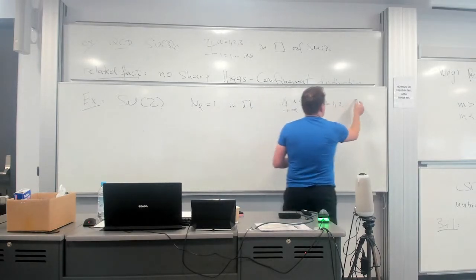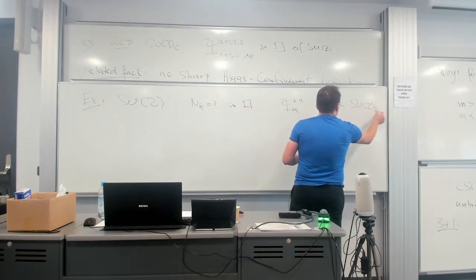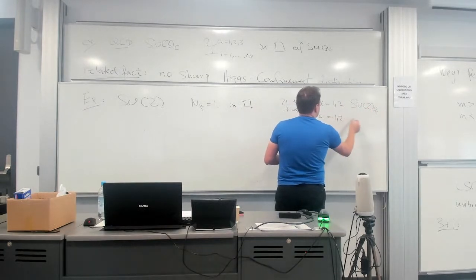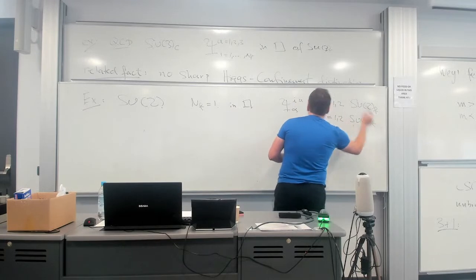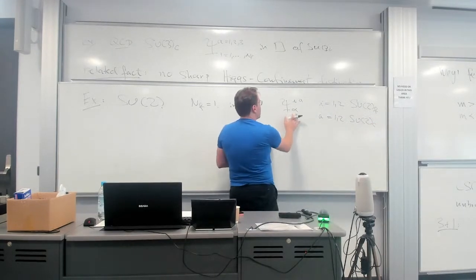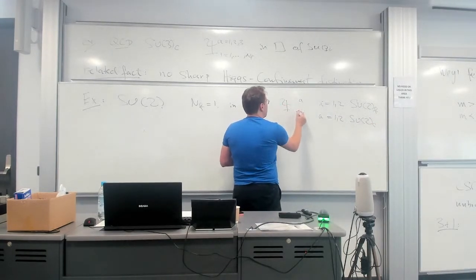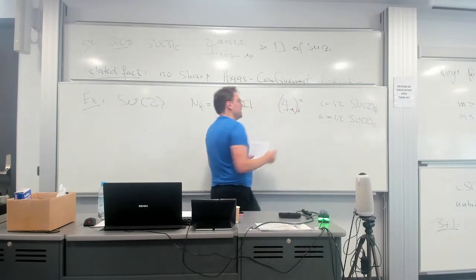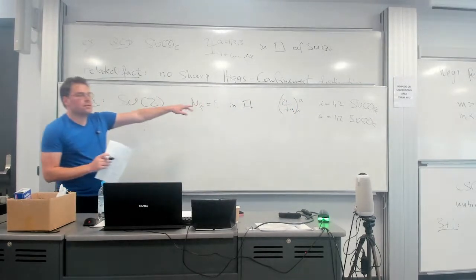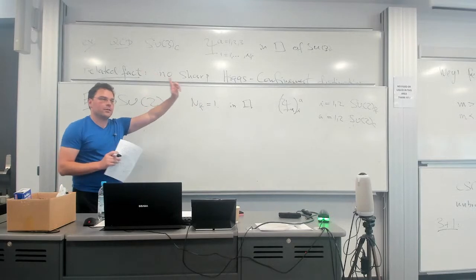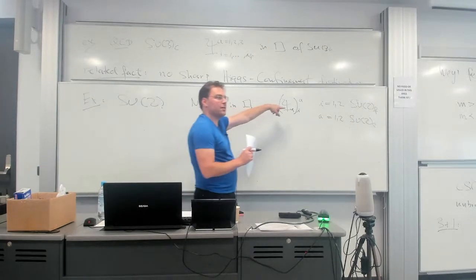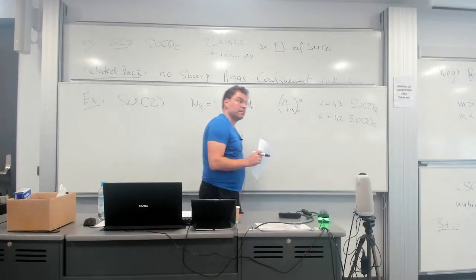Here, i is an SU(2) flavor index, and a is an SU(2) fundamental color index. Alpha is a spinor index, which I guess I can omit right here. So this is one Dirac fermion in the fundamental of SU(2) repackaged as a doublet of Weyl fermions.